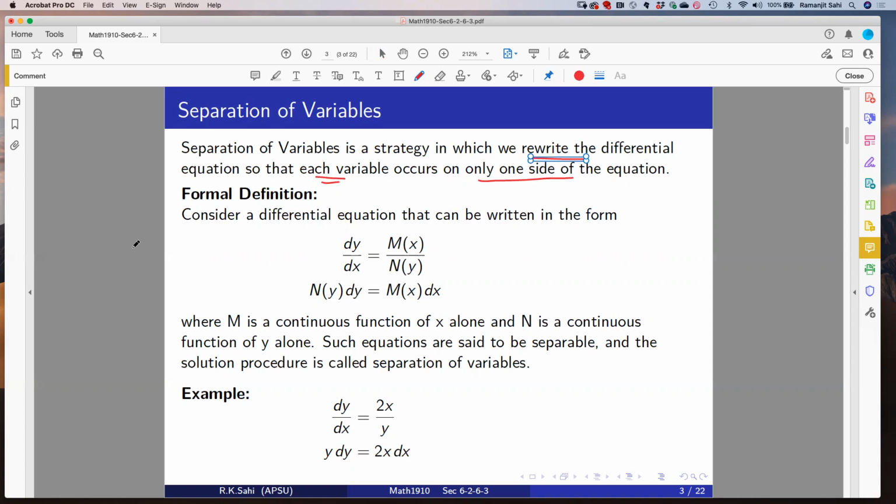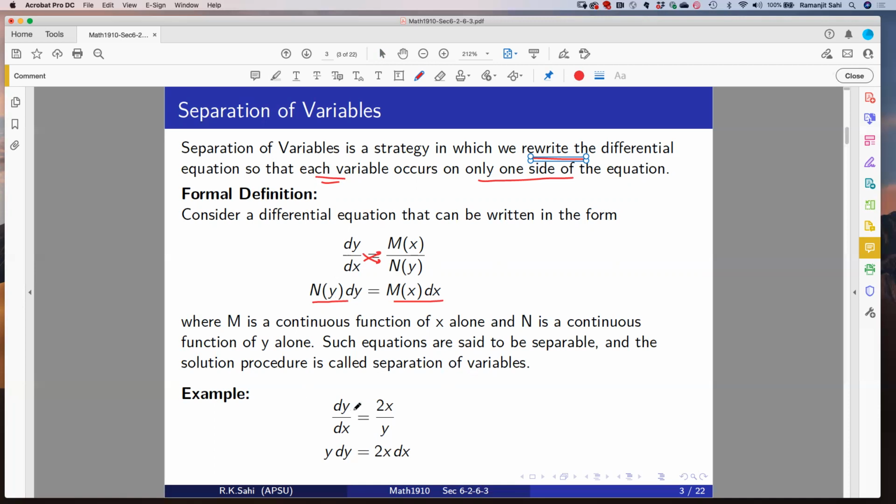Formally, the definition is, if we have a differential equation which can be written in the form dy/dx equals M(x) over N(y), then we take the N(y) and the dy together, just like a simple cross multiplication if you want to think of it this way: N(y) and dy together, and M(x) and dx. So M is a continuous function of x alone, and N is a continuous function of y alone. Those kinds of equations are said to be separable, and the solution procedure is called separation of variables.